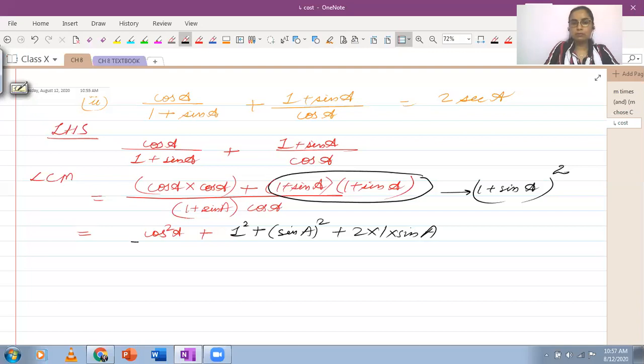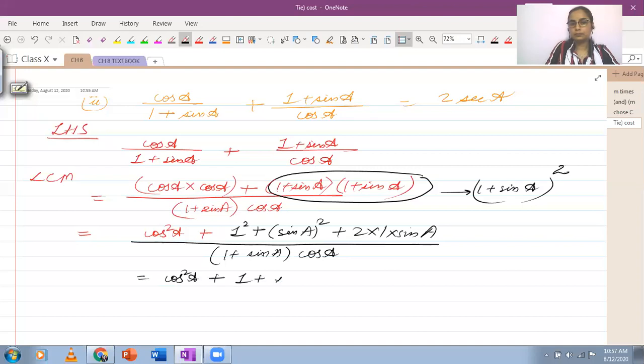You can write the simplified answer if you want. In the denominator, I've got 1 plus sine A into cos A. This is what I get after simplification.